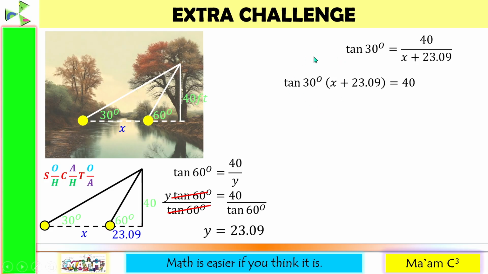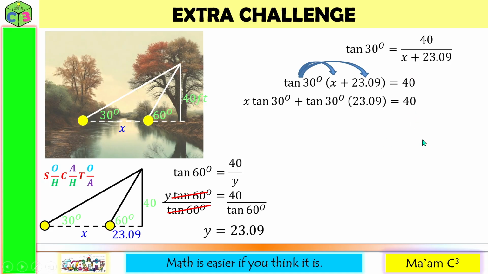So tangent 30 degrees times x is x tangent 30 degrees. Then tangent 30 degrees times 23.09 is tangent 30 degrees times 23.09. Let us copy 40. Evaluate this one first and it is equal to 13.33. Now let us move 13.33 to the other side. It will become minus 13.33.